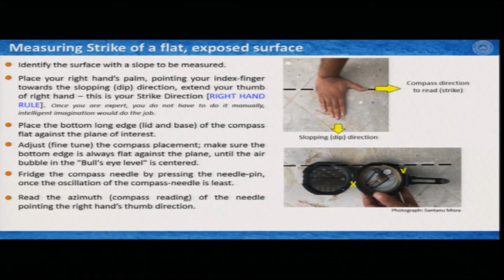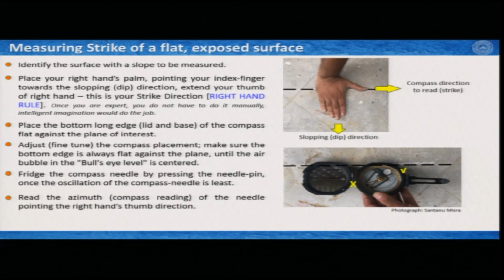Make sure that while you measure your dip and strike or trend or plunge or pitch, you do it so that you do not damage or break the rocks and rock surfaces. That is the very important message I would like to give you. Do not mark unnecessarily on the rock surface, like with permanent marker pens and so on.